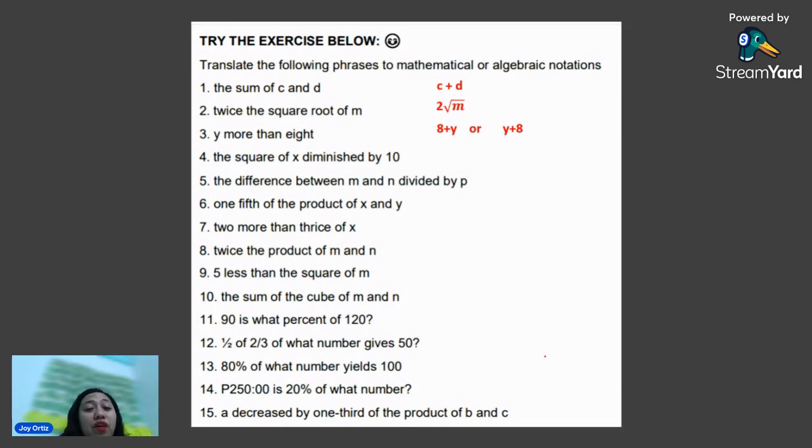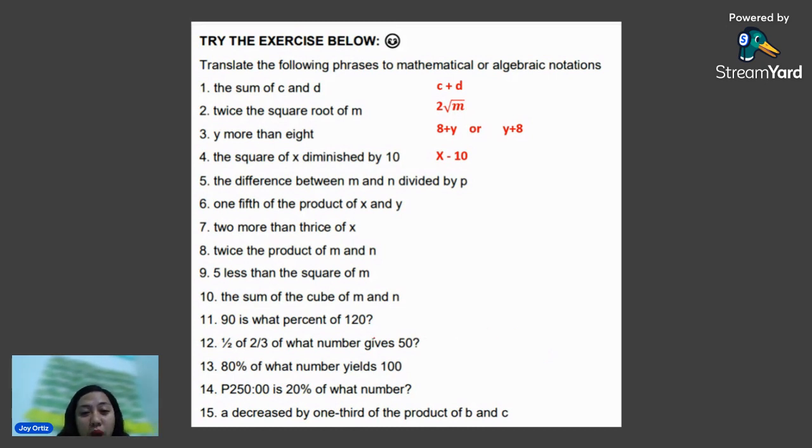How about the square of x diminished by 10? What would be the answer? Okay, so the answer is x minus 10.